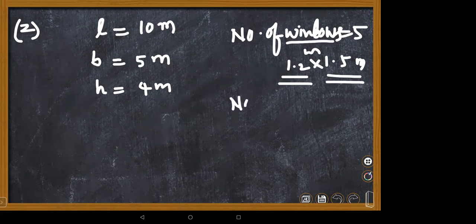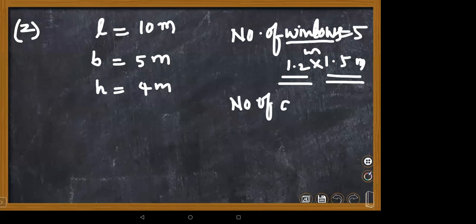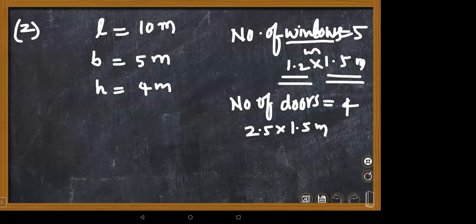Number of doors are 4. Please listen carefully. The dimension of the door is also given here: 2.5 meters by 1.5 meters.